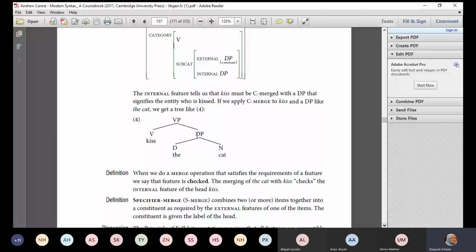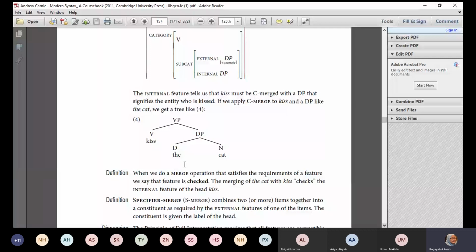If we apply C-merge to kiss and a DP, the cat, we get a VP, kiss the cat. When we do a merge operation that satisfies the requirements of a feature, we say that the feature is checked. The merging of the cat with kiss checks the internal feature of the verb kiss.